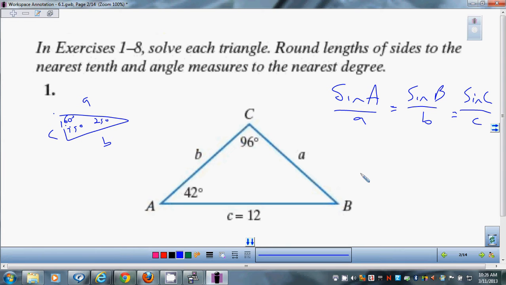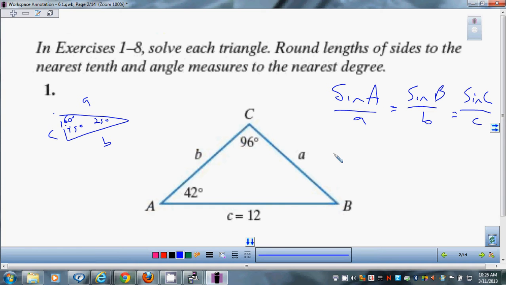Now, one guess about what our calculators need to be in for this problem. Degree mode. There's degrees in the triangle, so we need to be in degrees. To use the law of sines, there's one thing you absolutely must have: an angle and the side opposite that angle.